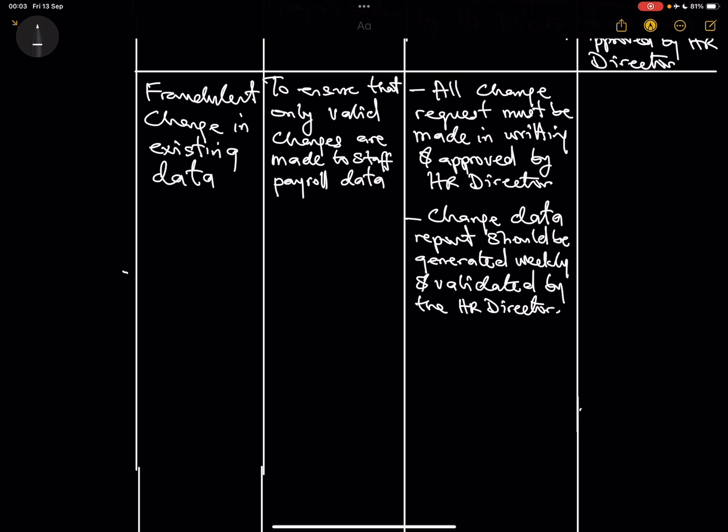Very important. And how will auditors test each of these controls?